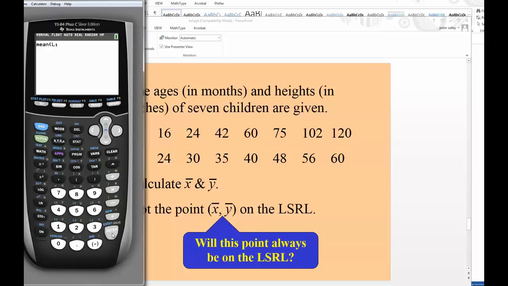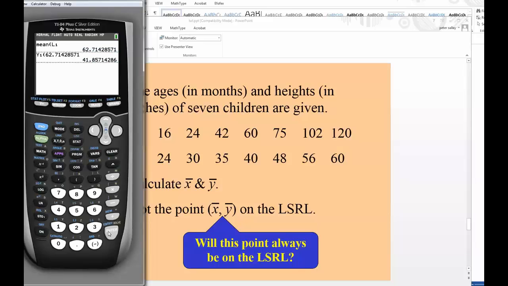So let me do that. Mean of list 1. Actually, no, I don't have to store it, do I? I can just copy and paste that number down. So let me go get y1 again, because we still have that stored. So let me go to vars function, y1, and let me copy and paste this number down.